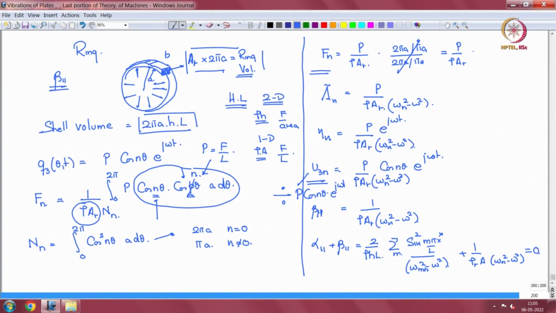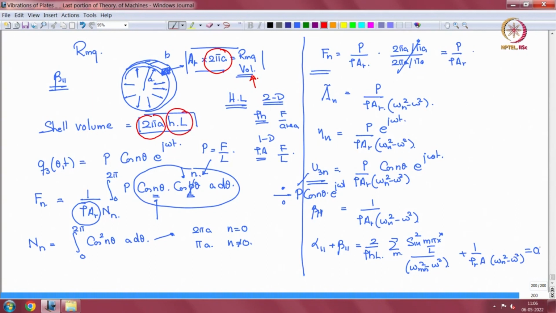Now, one thing I will do is here, the A r multiplied by twice pi A is the ring volume. Then here rho H L, with H L multiplied by twice pi A, is the shell volume.